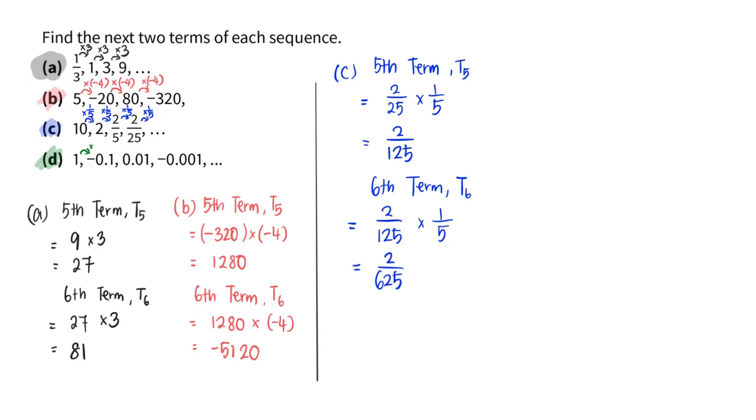Yes, we are actually multiplying by -0.1, because I do see that the number of decimal places keeps on increasing by 1. So we are in fact multiplying by -0.1 each time.